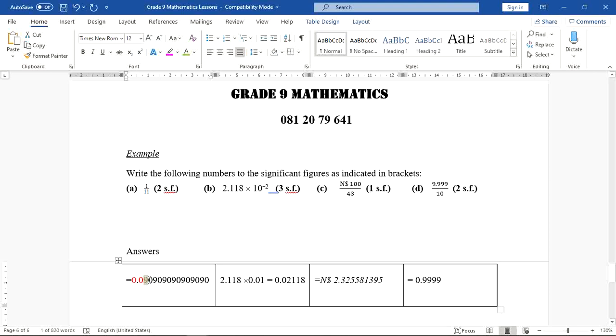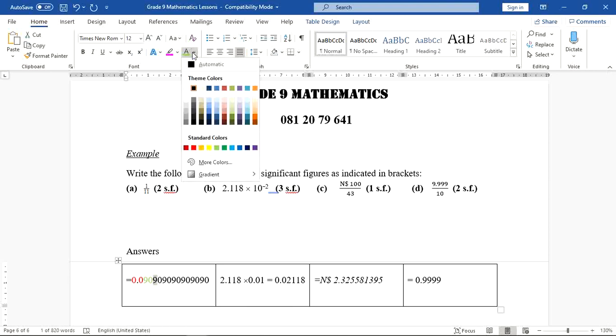And this 0 is also significant because it's after a non-zero and it is also after a decimal point. Remember I only want two significant figures. So this 0 is not, but the 9 and the 0 are, because this 0 is between two non-zeros. Meaning that I'm going to use this 9, and I'll put it in blue.